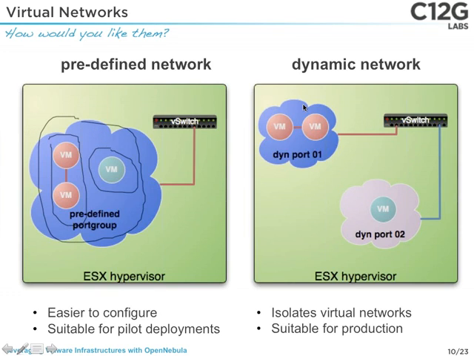For more production-ready clouds, you need to go for dynamic networking, where OpenNebula will create different port groups for different virtual networks. So a service that is running in a port group will be completely isolated from a service running on a different port group. So two virtual networks will be effectively completely isolated.